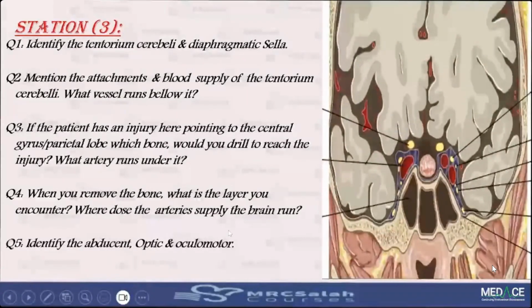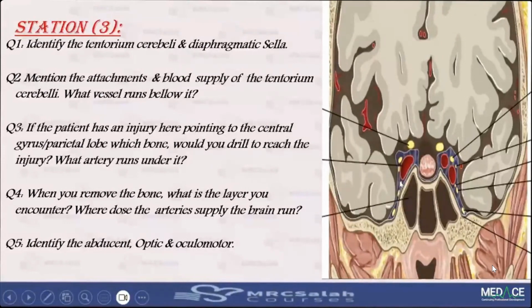What do you identify in this picture? The abducent nerve, optic nerve, and the oculomotor nerve. Okay, so the one closer to the internal carotid or just inferior to it would be the abducent. The one below the vessel. So this is a vessel. You mean this one?